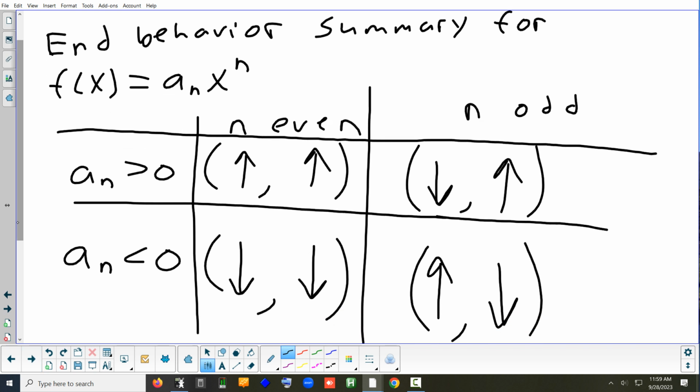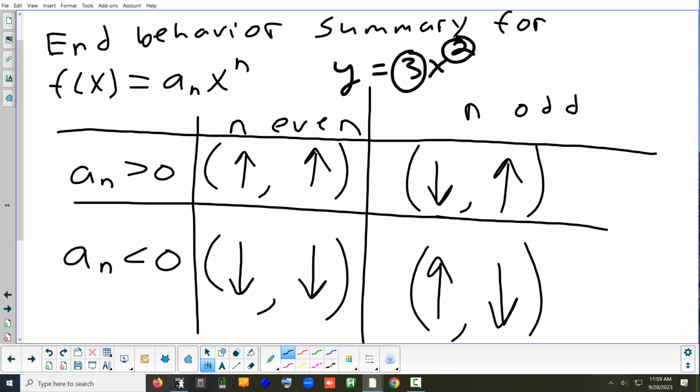So how do you know which type it's going to be? Well, it just depends on 2 things. If you've got something like this, all you have to do is look at the number that's in front and look at the highest exponent. If the highest exponent is an even number, it's going to look something like a parabola. Parabolas always have the same end behavior on each end.